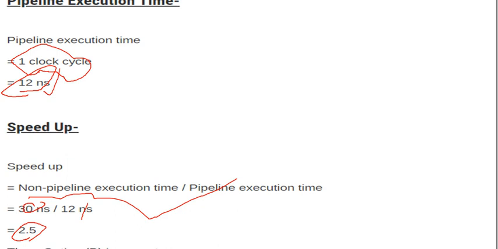So our pipeline execution is 2.5 times faster than the non-pipeline execution. So the answer is that the speed up we will get is 2.5, which means it will be 2.5 times faster than the non-pipeline execution. Okay.